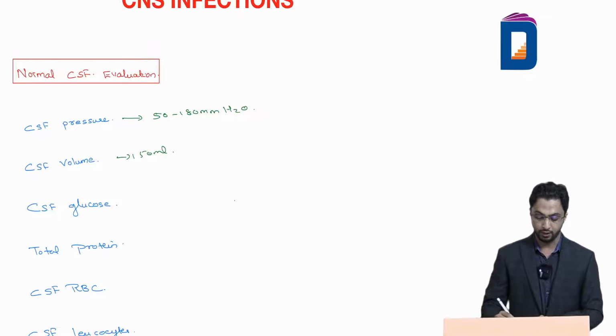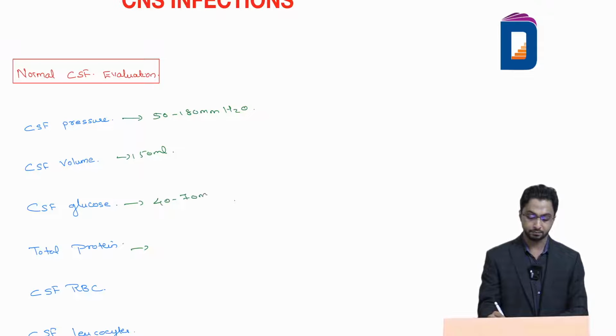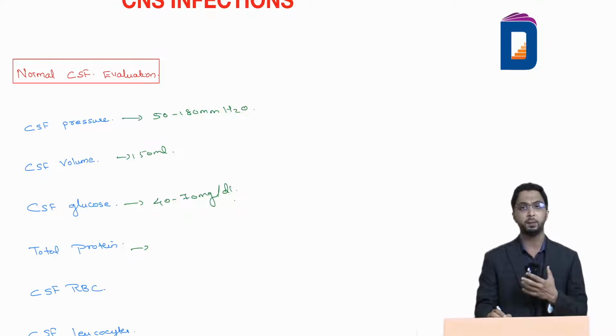Now CSF glucose and CSF proteins are a little significant for you, of which CSF glucose is 40 to 70 milligram per deciliter.